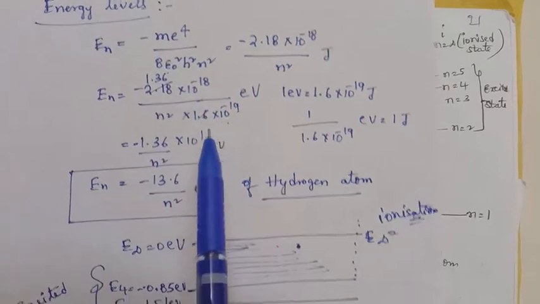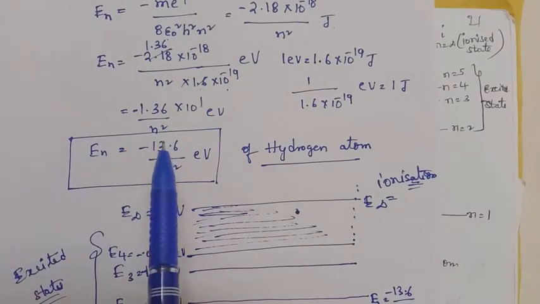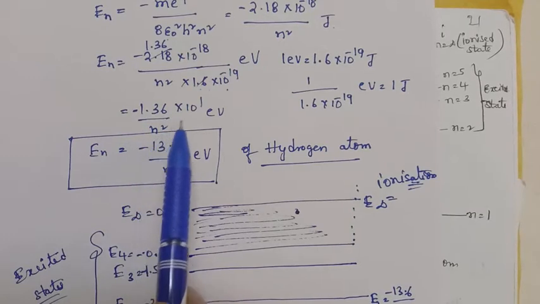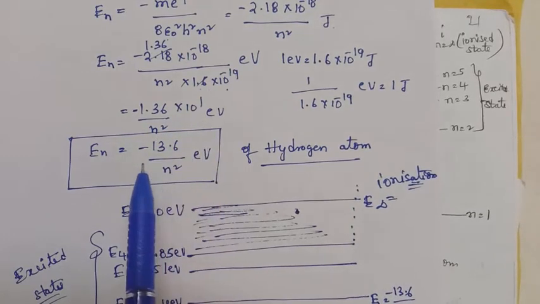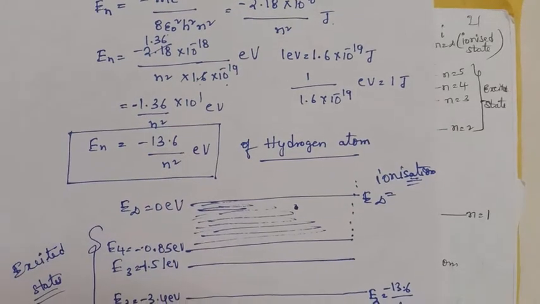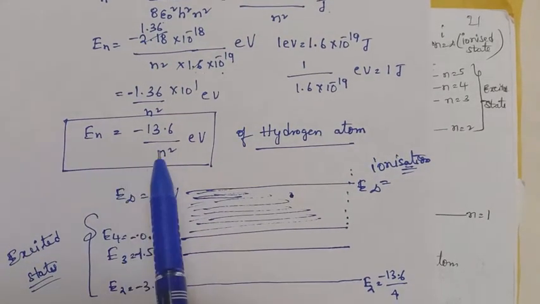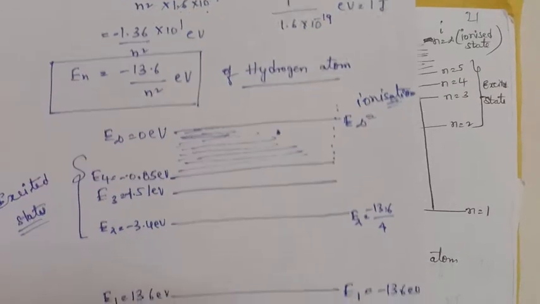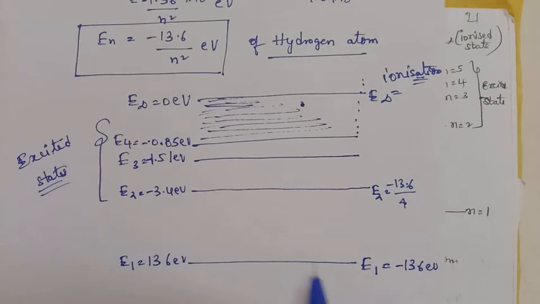Substituting, we are getting the energy value minus 1.36 by n square into 10 power 1 electrovolt, that is minus 13.6 by n square electrovolts. It is the nth state energy level. Then for the first ground state energy level, you have to substitute the value of E1.